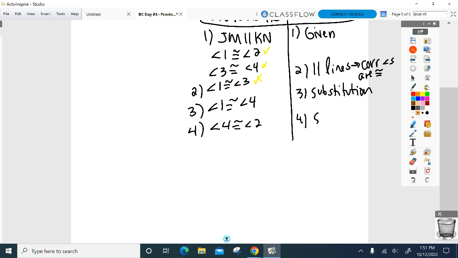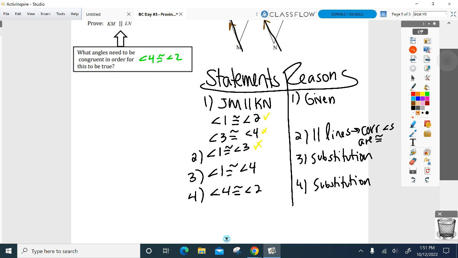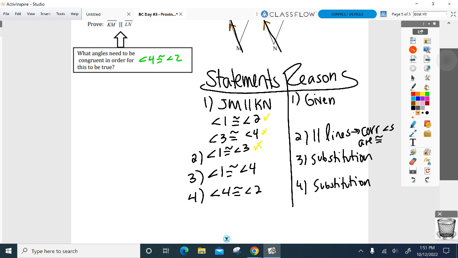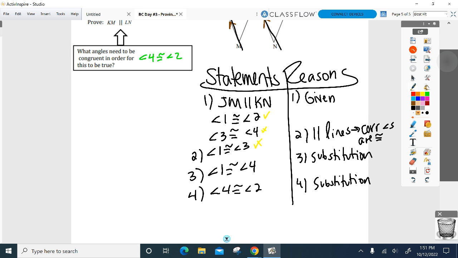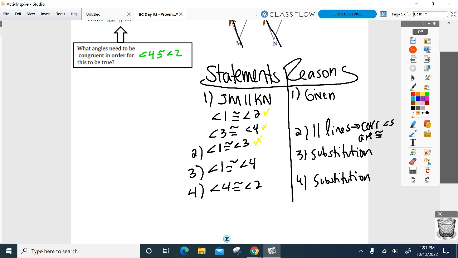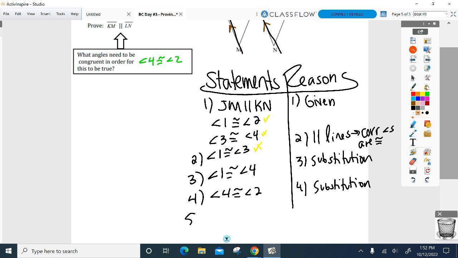Again, by a second substitution. And what was our goal at the beginning to get? To get 4 and 2. There it was. That's how I got 4 and 2. Double substitution.